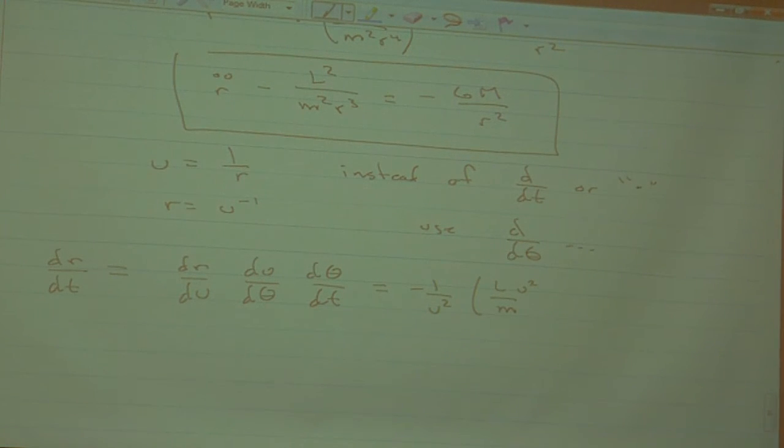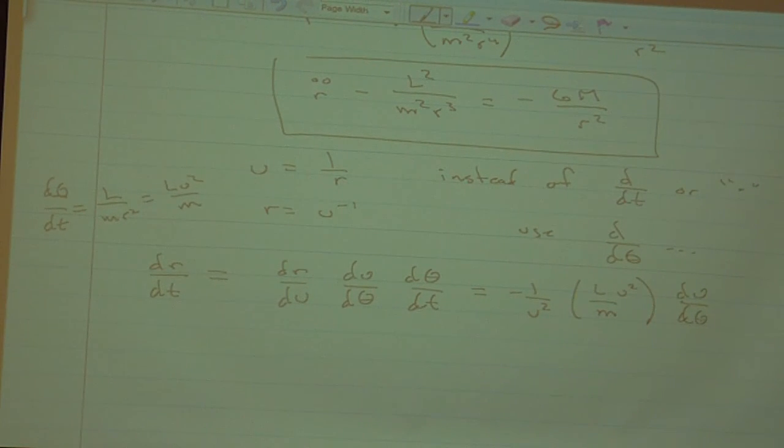So d theta dt is L over m r squared, which is L u squared over m. So, hey look, this u cancels that u.